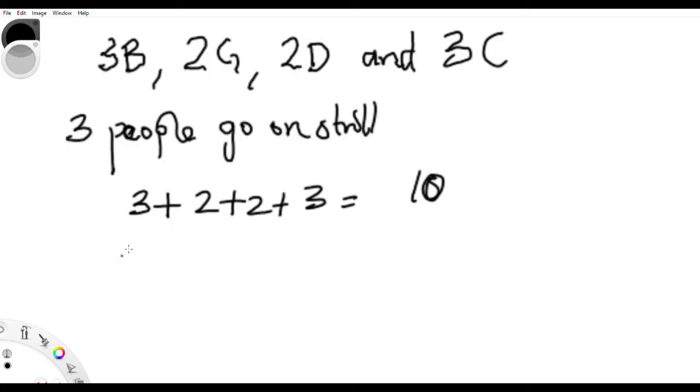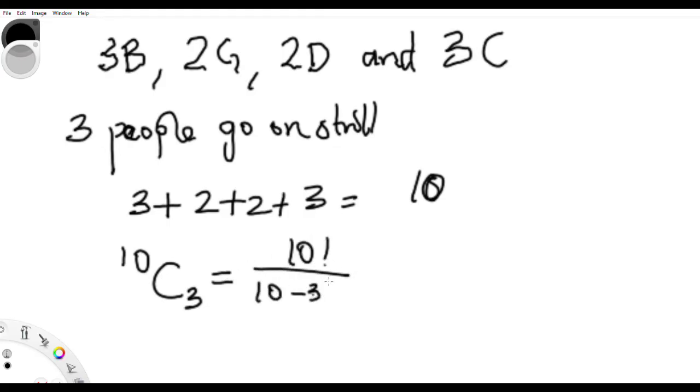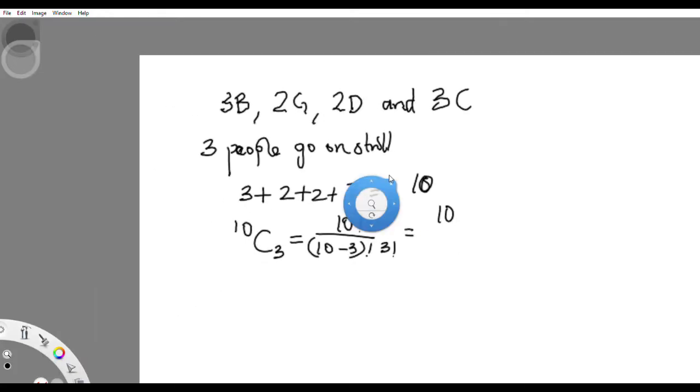So that's 10 combination 3, that's 10 factorial over 10 minus 3 factorial, 3 factorial, and that's what? 10. I believe you can solve the rest. Then let's go to the next question.